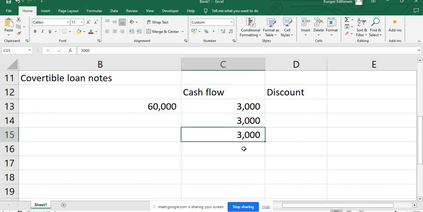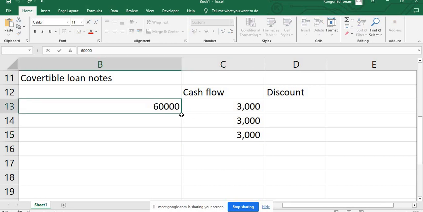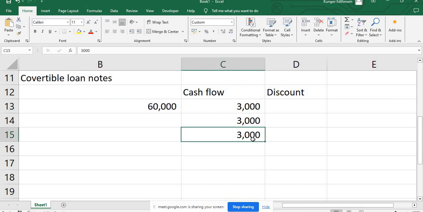And then in year 3, that is when we will redeem the convertible loan. The standard says that we take the present value of the contractual cash flow and also the redemption amount. So in the last year, which is year 3, we will pay the year 3 contractual cash flow and then pay out the loan. That's the assumption of the standard.